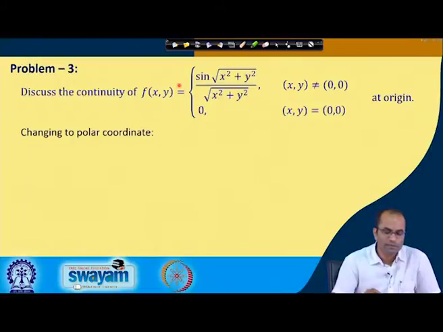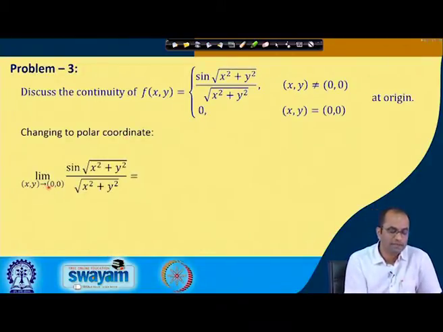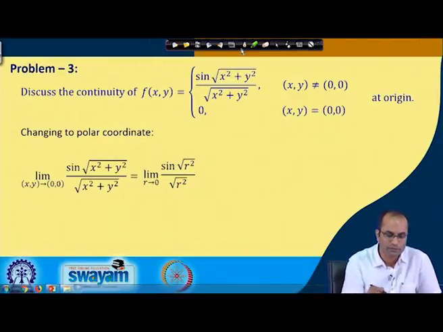At this point, because the x square plus y square term is there, changing to polar coordinates will be helpful, and we will do so. The limit as x y goes to 0 0 will be changed to the limit as r goes to 0, where x square plus y square will be r square, by the transformation x is equal to r cos theta, y is equal to r sin theta.